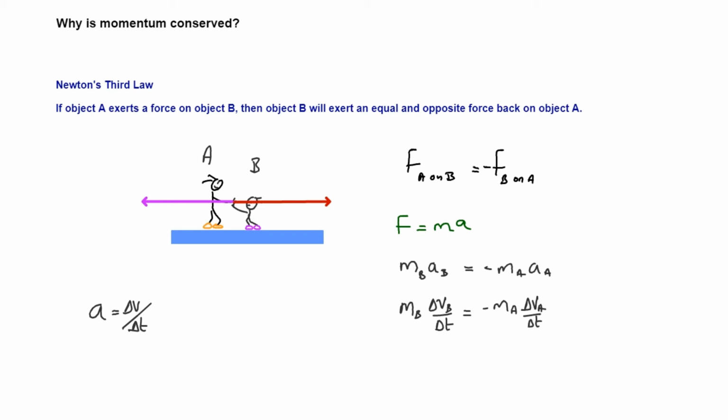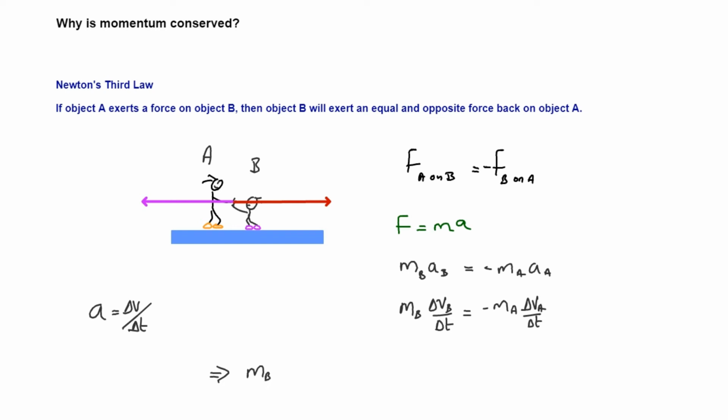All I'm doing is using a equals delta v by delta t. Now, the delta t is the same in both cases, because the push lasts the same time for person A and for person B. So the delta t's cancel out.